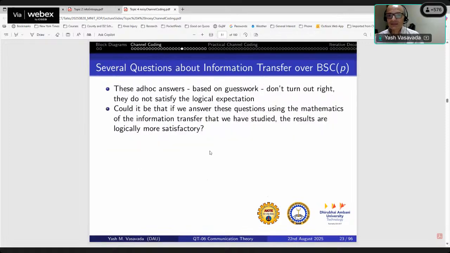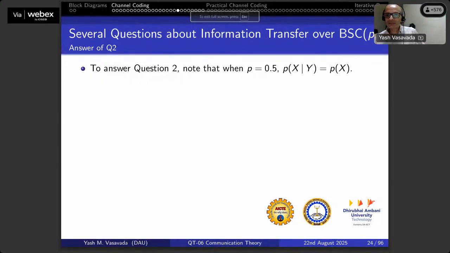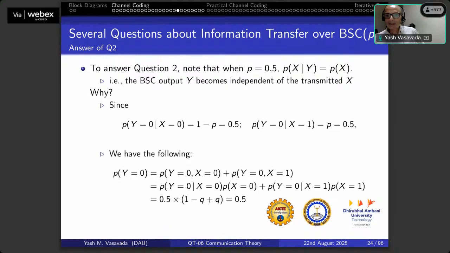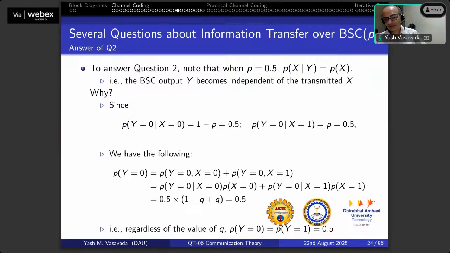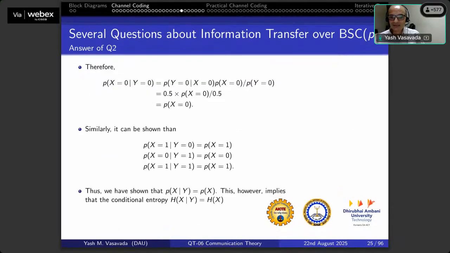So coming back to this example, what we will see is that the answer about when the information transfer rate becomes 0, and what the information transfer rates are when the values of P are different, is all nicely answered by using this formula, not 1000 times (1 minus P), but the information transfer formula, which is the entropy of X minus the entropy of X given Y. You can do the math in a straightforward manner.